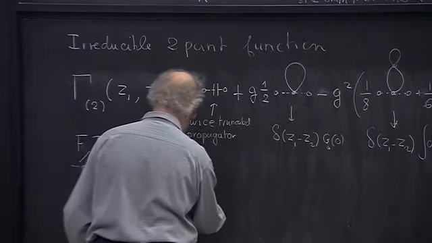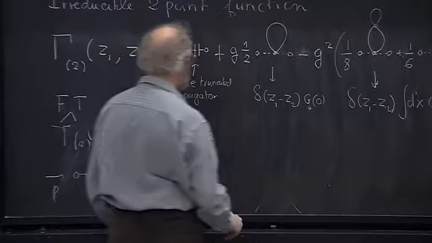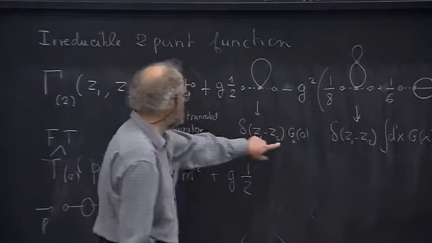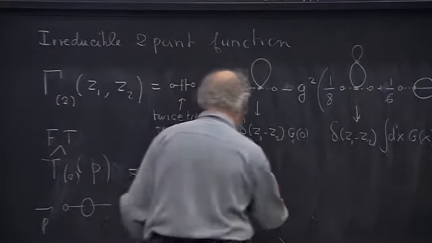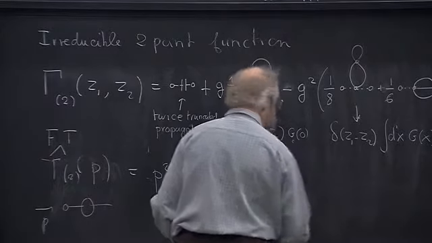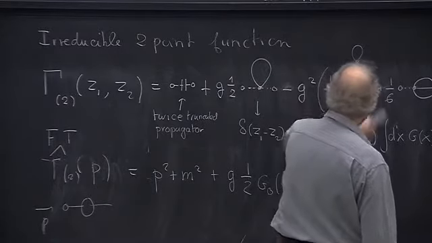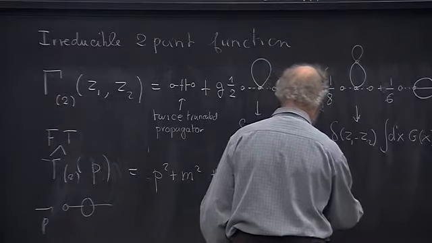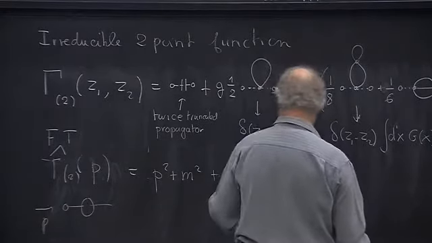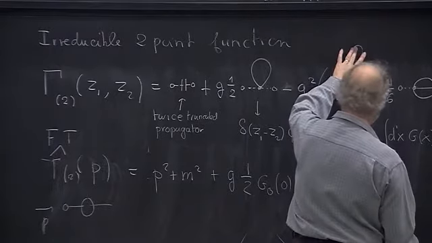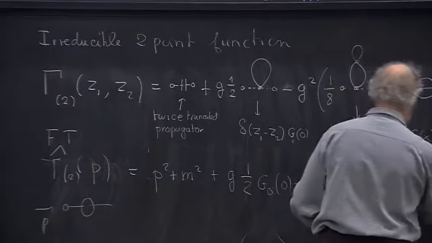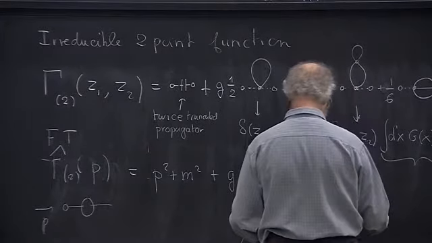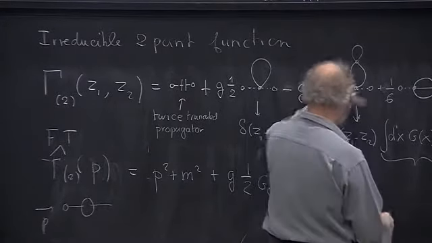This is going to be P squared plus m squared. This is going to be G 1/2 times the Fourier transform of this, which is 1. So you get just G0 of 0. This is minus G squared times 1/8 times this object, which is independent of the momentum P.